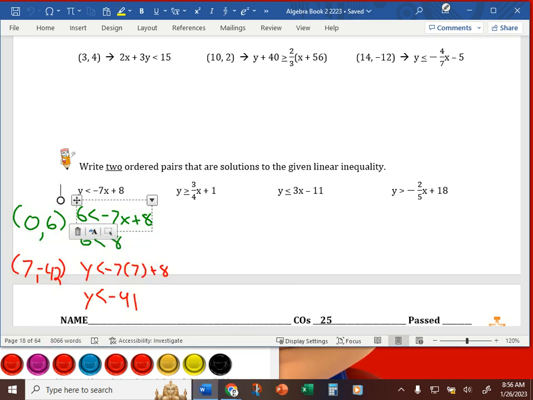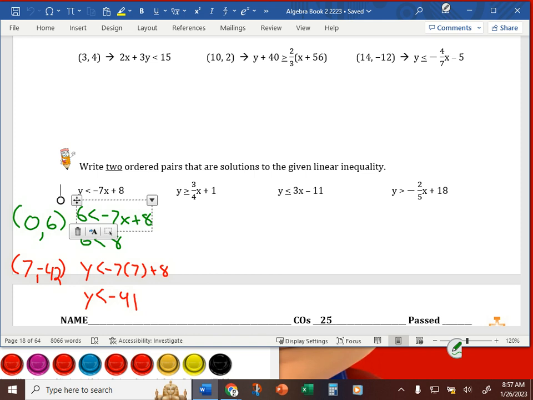Oh, that's the wrong one. Hold on. Not that one. This one. No, this one. I gotta remember that the two joke ones are right next to each other. Paul is identifying something in standard form here. 3, 4, the 2x plus 3y is less than 15.